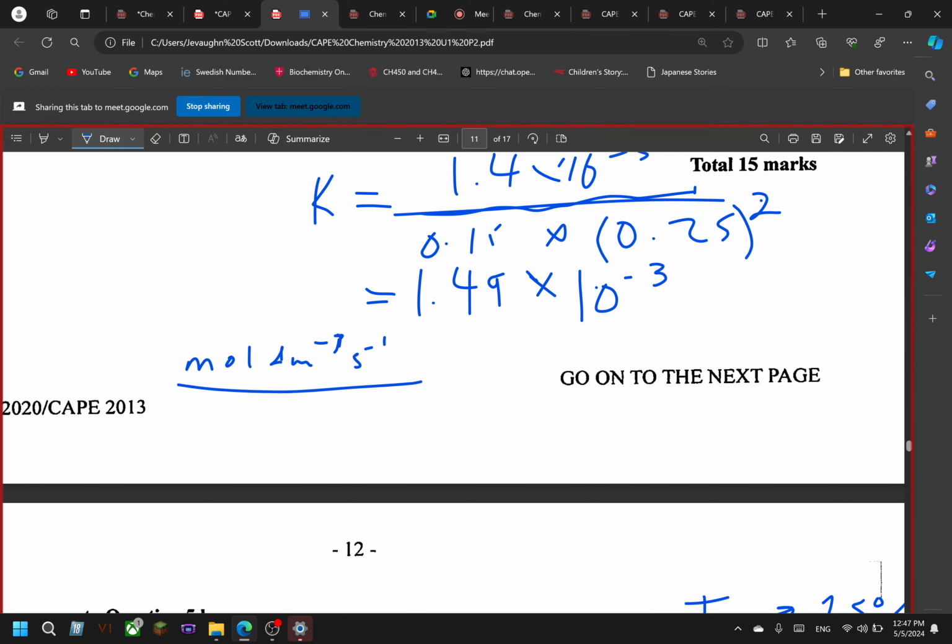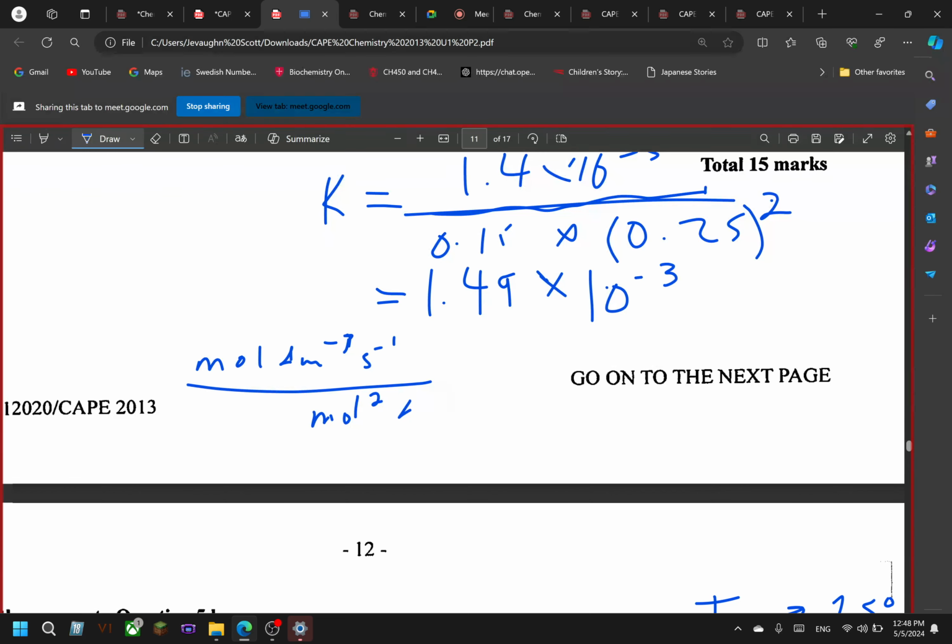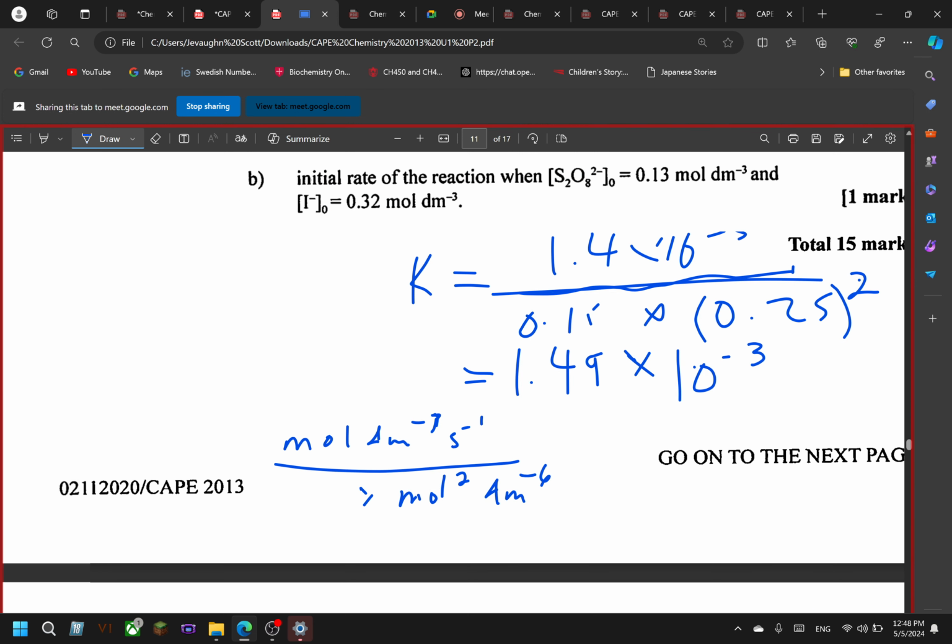This is essentially cubing the thing, so we're going to have mole squared dm to the negative sixth power, and then we're timesing it by mole dm cube.